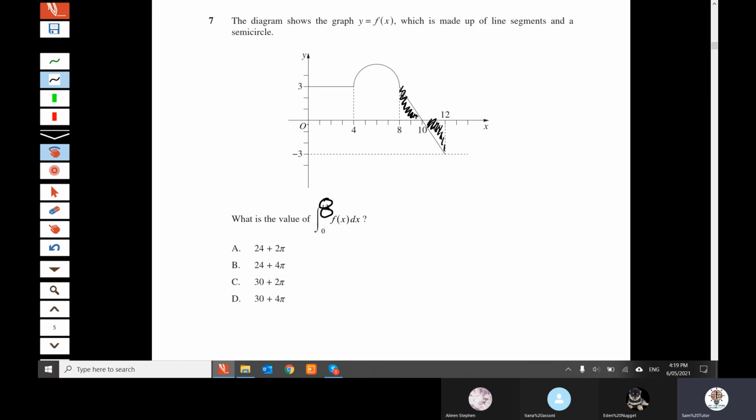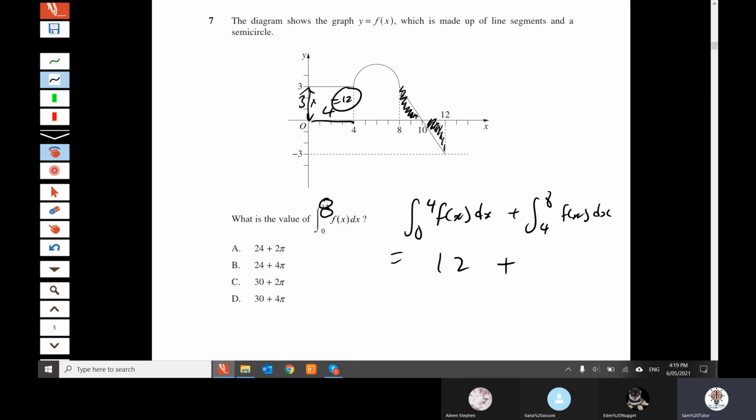Then I know from 0 to 4, it equals to what? I'm just writing it down for you guys. You said 12, because 4 times 3 equals an area of 12 here. Good job. Plus from 4 to 8. Again, what would the bottom area equal? 12.